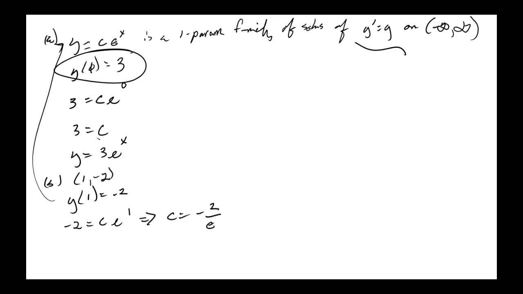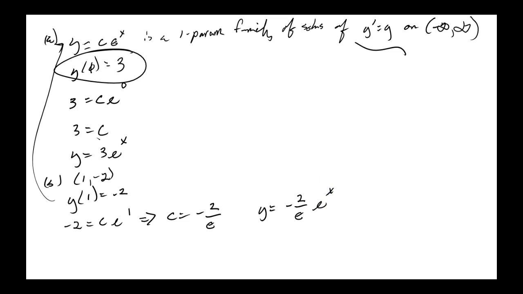So then, there it is. I was trying to find it. y is equal to -2 over e, that's your c, e to the x.